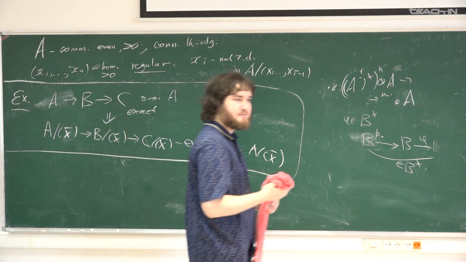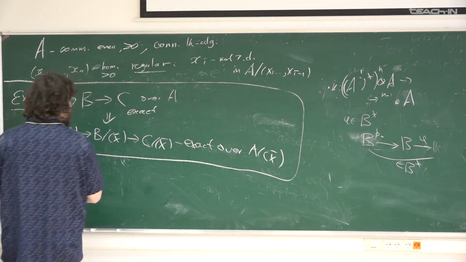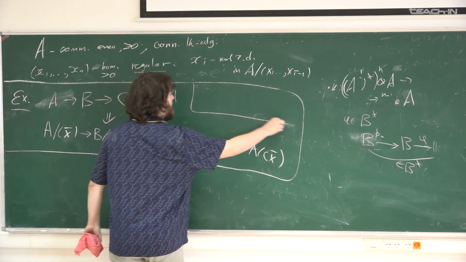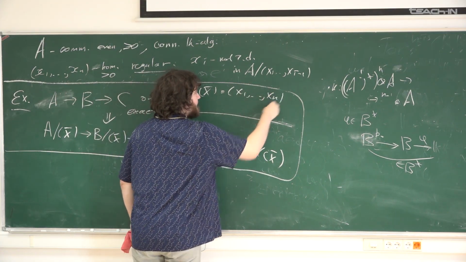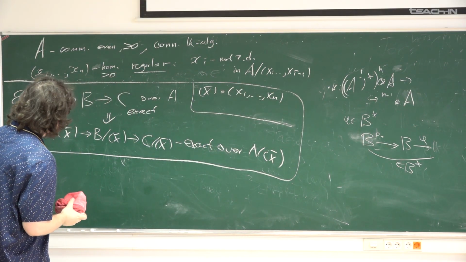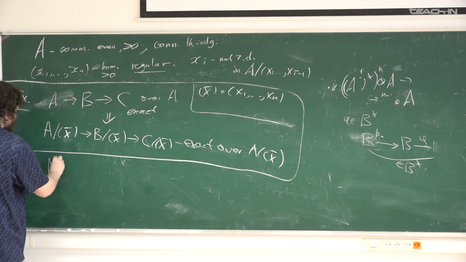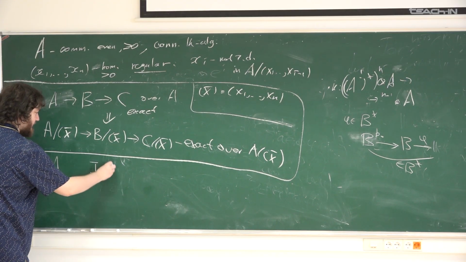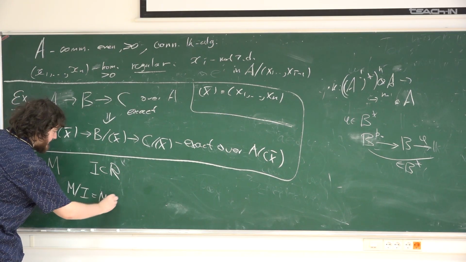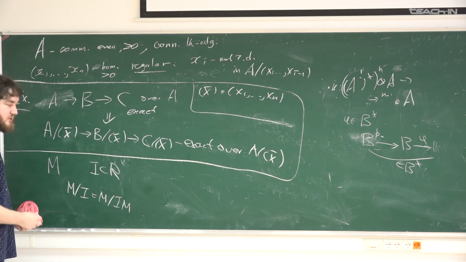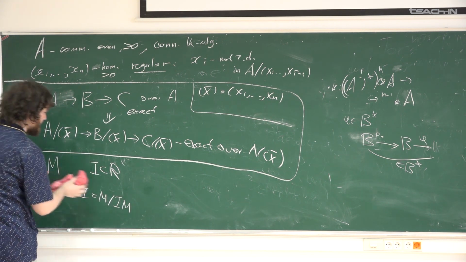Let's see, the quotient by the ideal generated by X. I will always denote by X this ideal. If you have some module over R and some ideal of R, then this denotes the submodule, and this denotes the quotient by the submodule, of course.